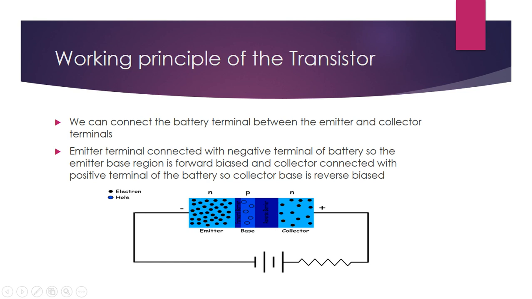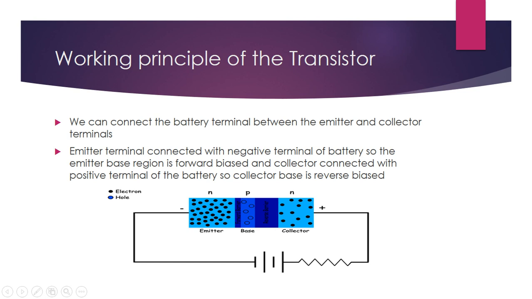As we already know, in the reverse bias condition the depletion region becomes wider. On the other hand, when one junction of the transistor is forward biased, the depletion region narrows down.